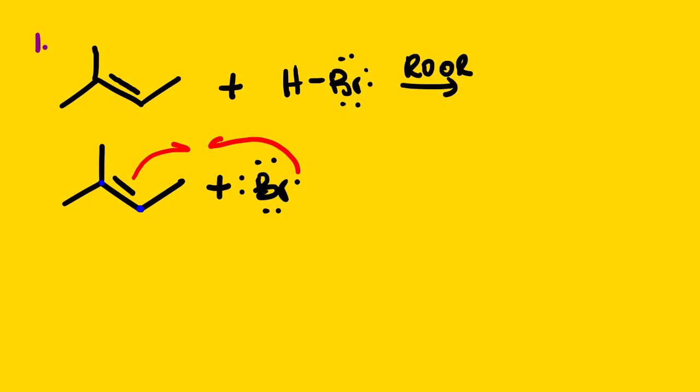Remember that we are looking for a stable radical. If it is attached to this carbon, we are going to have our Br here. There's also a movement of electrons here, and we are going to have this type of radical.